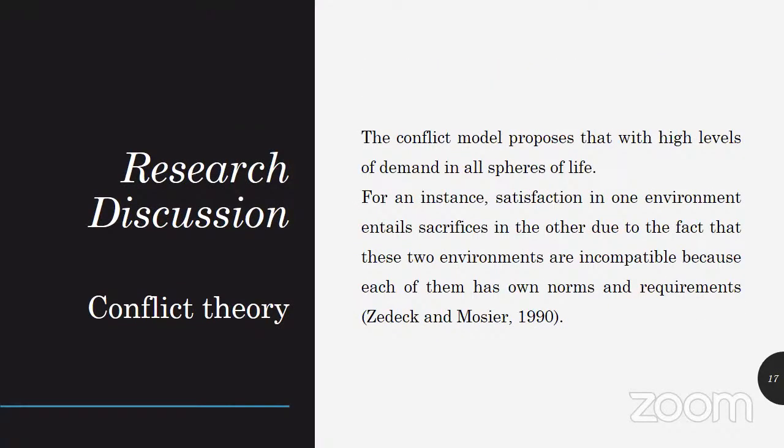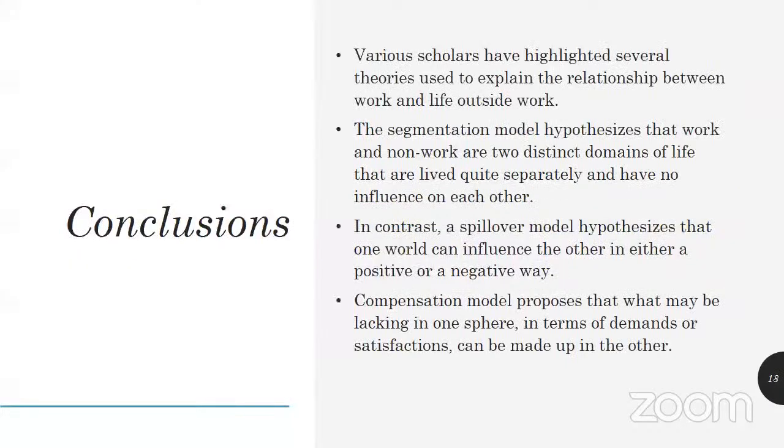And the conflict model proposes that with a high level of demand in all spheres of life, for instance, satisfaction in one environment entails sacrifice in the other, due to the fact that these two environments are incompatible because each of them has its own norms and requirements.